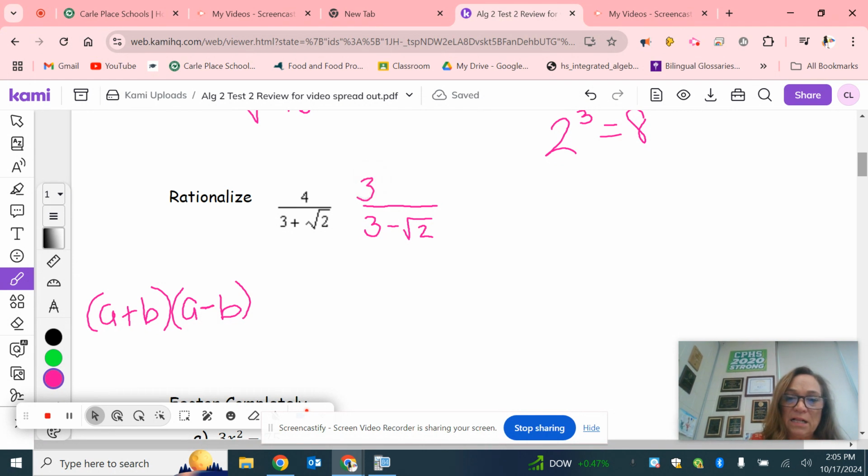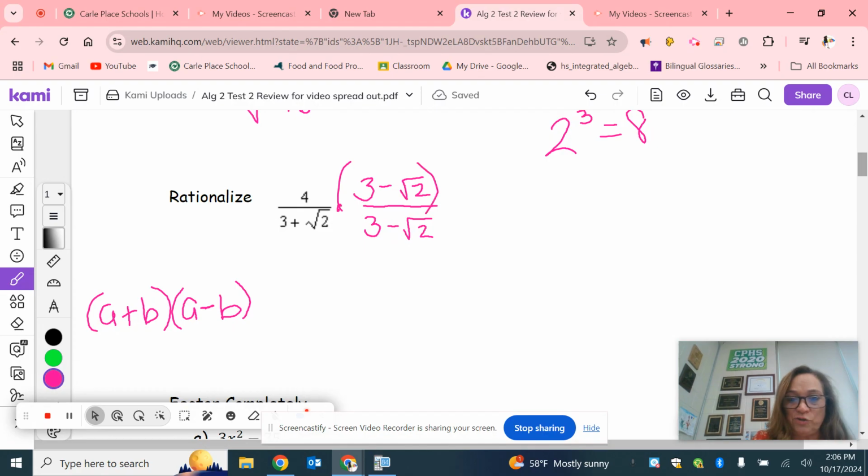I write that as the conjugate over the conjugate because I'm making a fraction equal to 1. Whenever you have the same thing over the same thing, that value is 1. So if I multiply anything by a 1, I might change the look, but I won't change the value. All right, so that's multiplication.